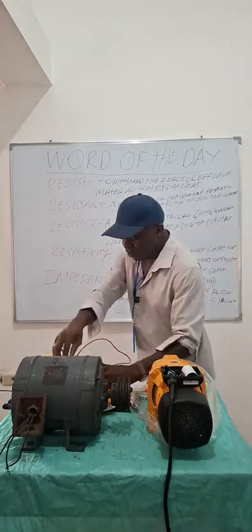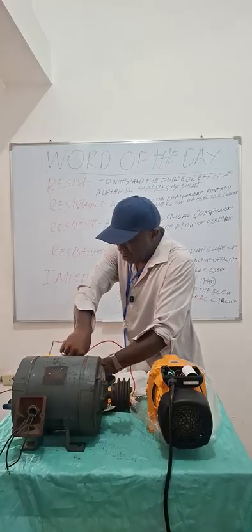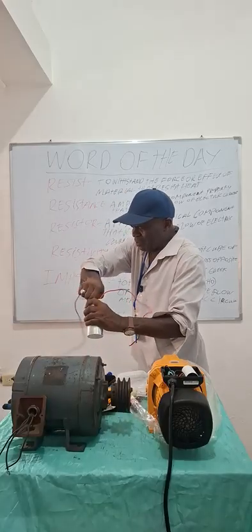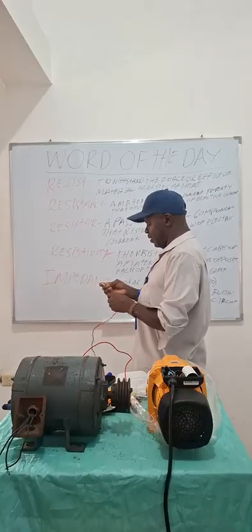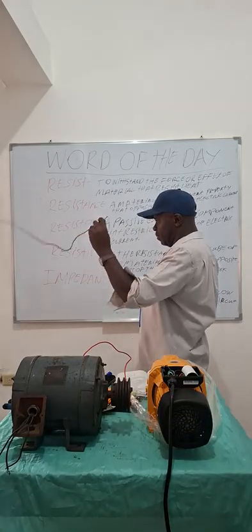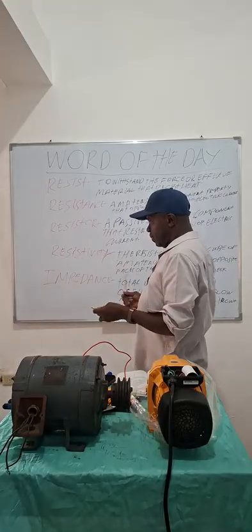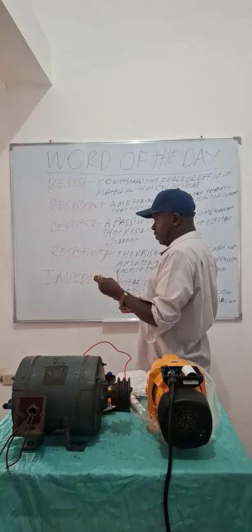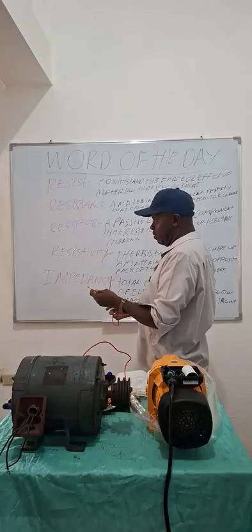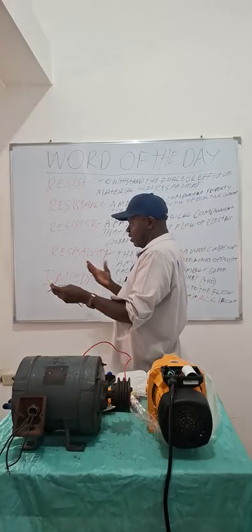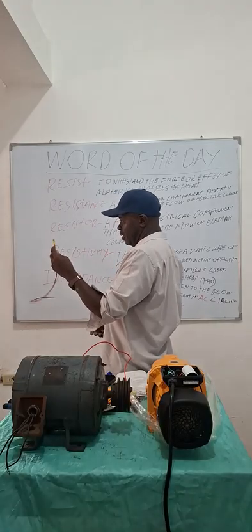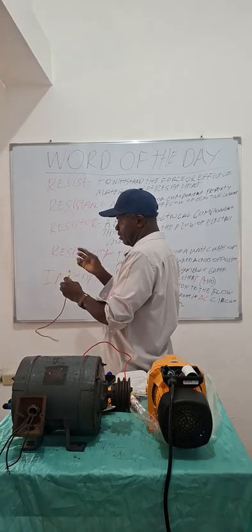All materials, whether it's copper, aluminum, silver, you name it, and even the earth itself, naturally have resistivity. So this is a piece of copper conductor, and it has a resistivity. The resistance to current flowing through that piece of wire depends on the length and the cross-sectional area of the wire.